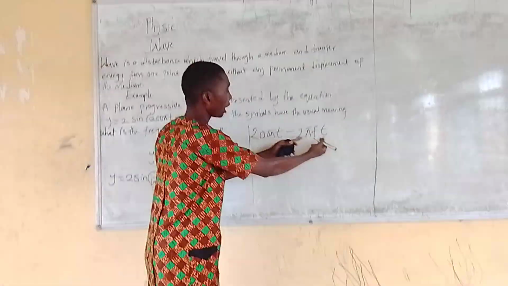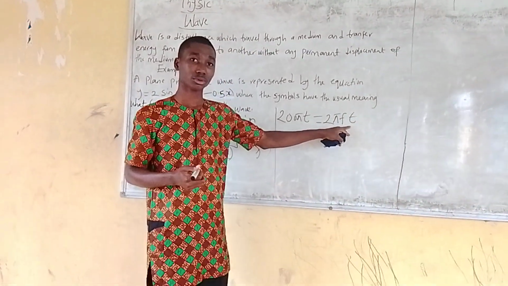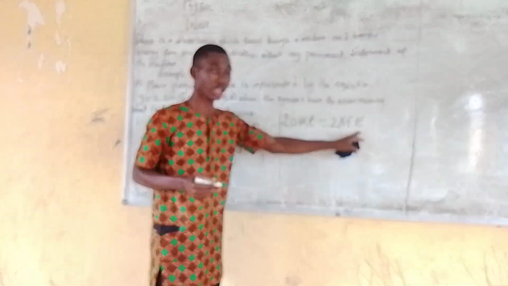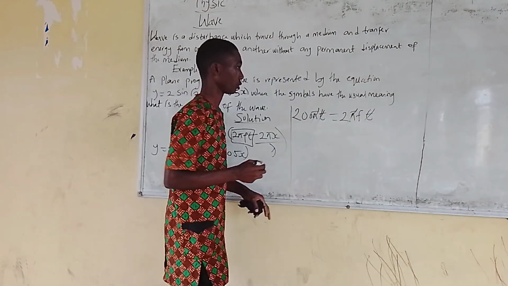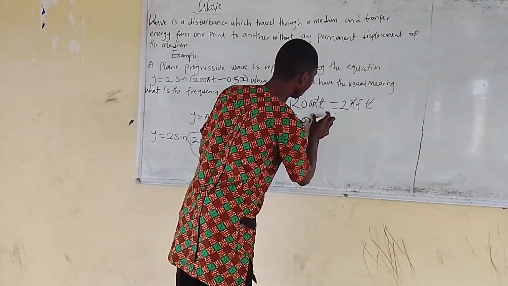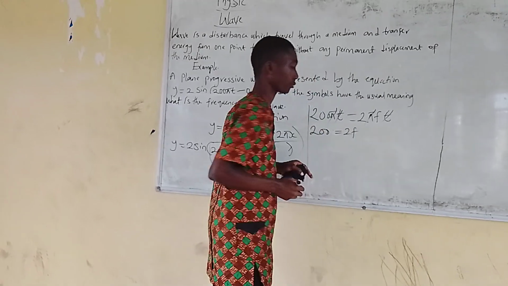You can see that they have similar letters, so we cancel them out: we cancel t, and we cancel pi. We are now left with 200 equals 2f.